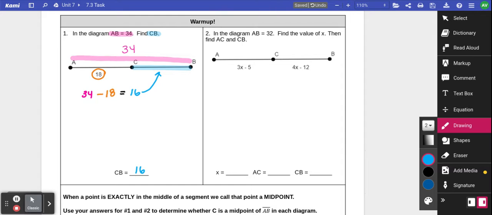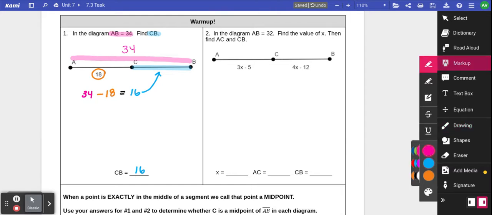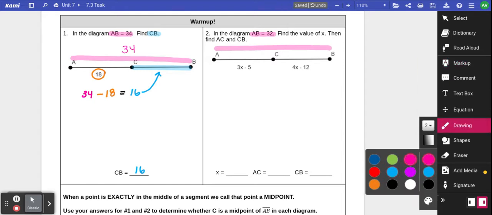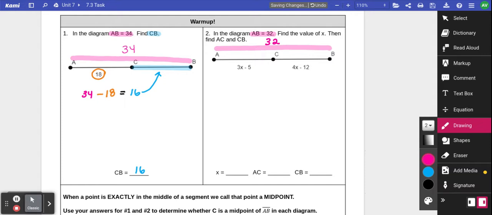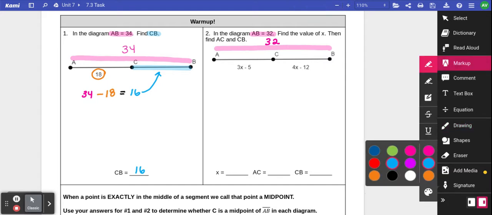Now, in the next problem, it says, in the diagram, the length of AB is 32. So we know that that segment is 32 units long. First, we're supposed to find the value of X, and then we're supposed to find the length of AC and the length of CB. Now, in this problem, we're going to use the idea that the little plus the little makes the big.